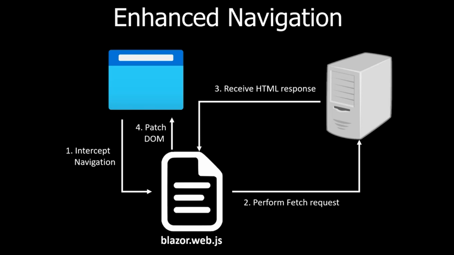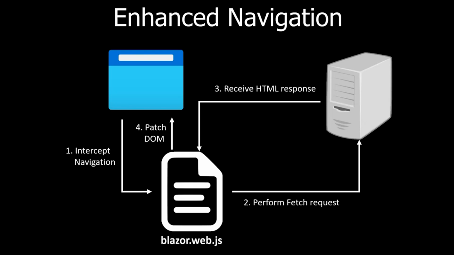And in enhanced navigation, what happens is every navigation, so if you're clicking a hyperlink in your application, Blazor actually intercepts that navigation. And that's what the blazor.web.js, which is part of the Blazor web approach, uses, and it performs a fetch request.